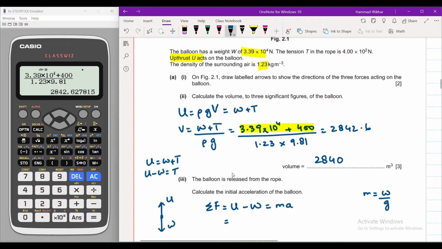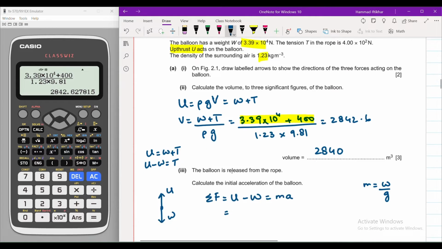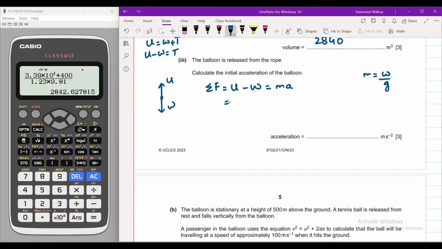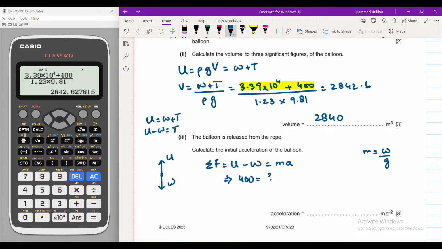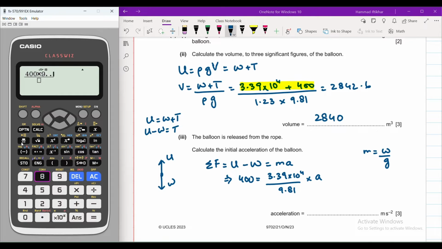So using the same numbers, 400 equals the weight, 3.39 times 10 to the power 4, divided by 9.81, times A. So A would be 400 times 9.81 over 3.39 times 10 to the power 4.